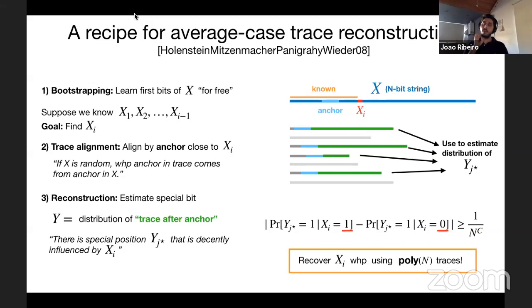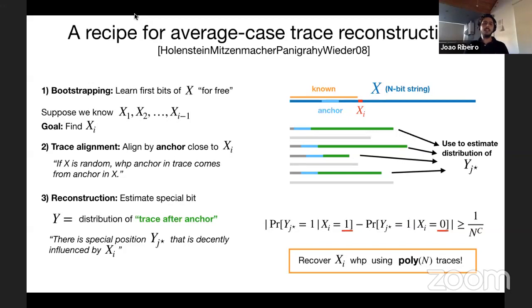It is true for any xi that you need to look a bit to the left, but for this argument to work, you need that your xi, in a sense, is one of the first few bits in your trace. When I say first few, I mean like polylog or something like that.